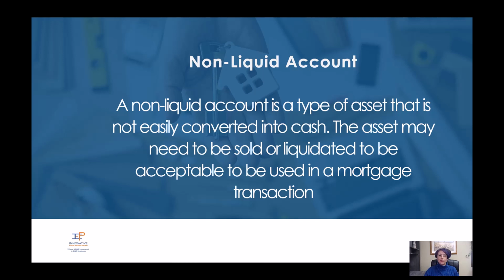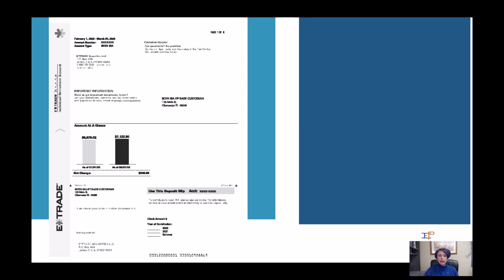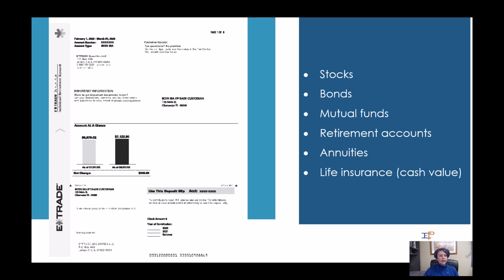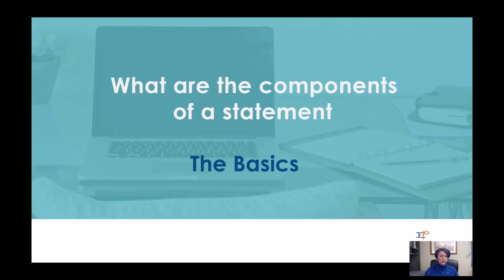While these assets may be harder to liquidate in an emergency, it can still be very valuable to a lender to be aware of your entire asset portfolio. Here are some examples of a non-liquid asset. They are stocks, bonds, mutual funds, retirement accounts, annuities, and even life insurance.